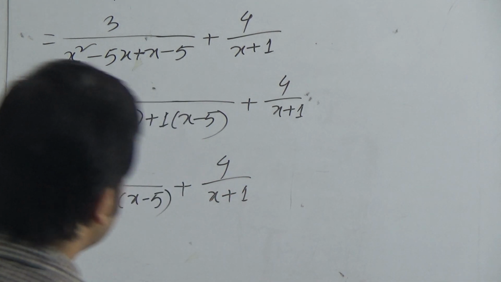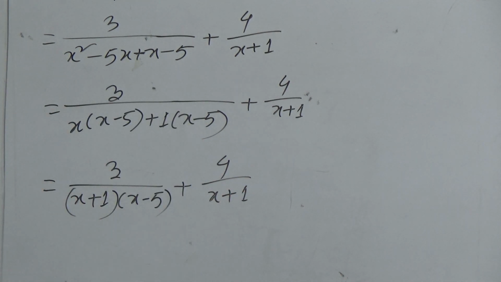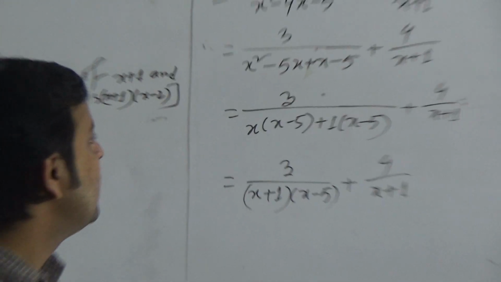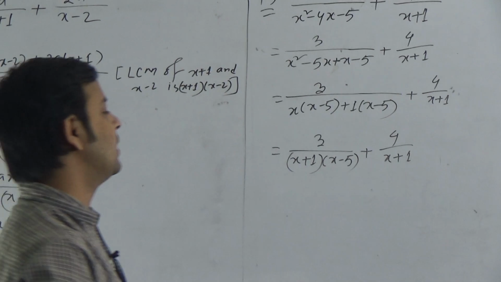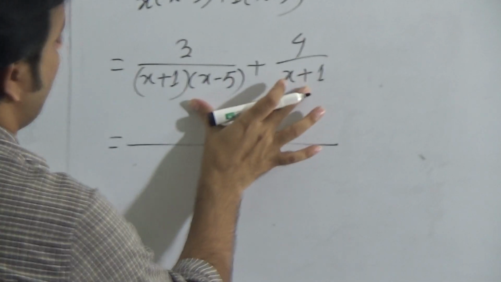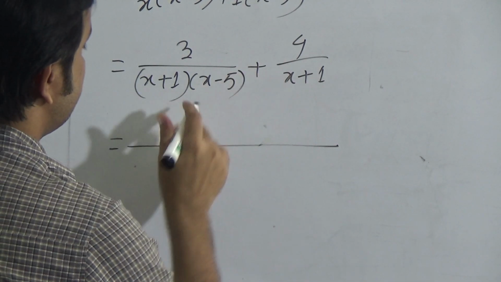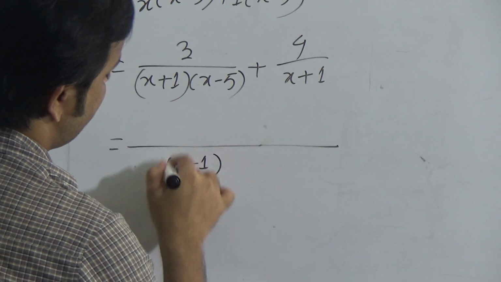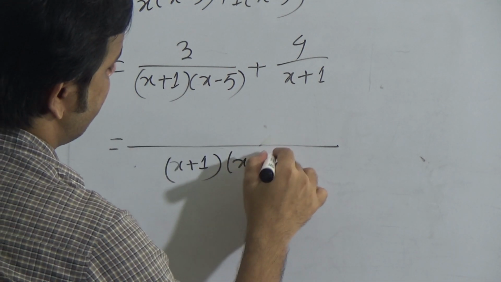Dear students, now we can do the LCM of these two easily, as I have factorized the denominator of the first fraction. What is the LCM of these two denominators? The LCM is here x plus 1 is common, so we can write x plus 1, then x minus 5 remaining.